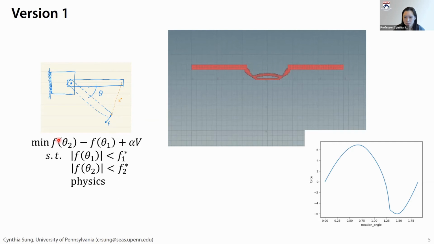So this objective here is supposed to give us a bistable mechanism, and also we have some objective on the volume that we want the mechanism to take. And the whole thing is subject to certain force constraints in physics.